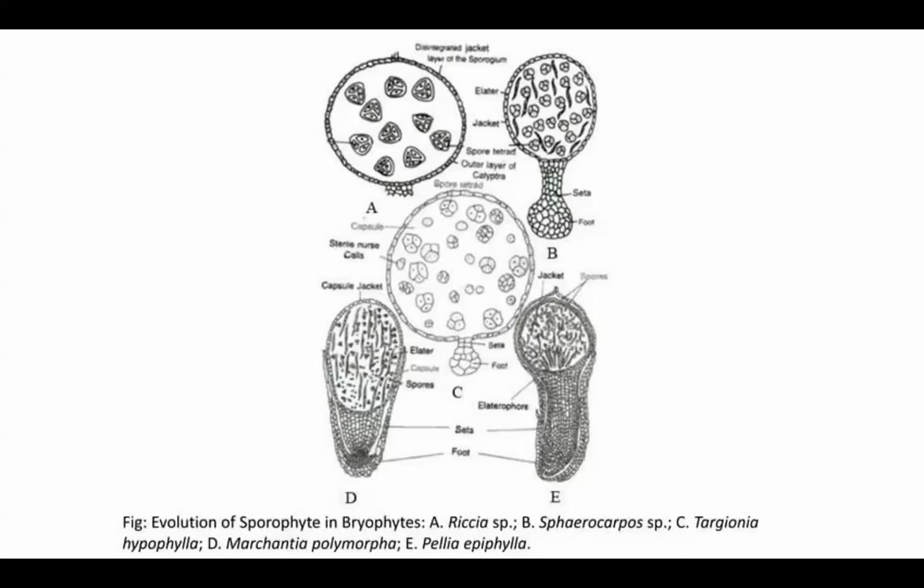They are produced in groups. They are called elaterophores. So elaterophores are present in Pellia, and above that you will see the spores and elaters.